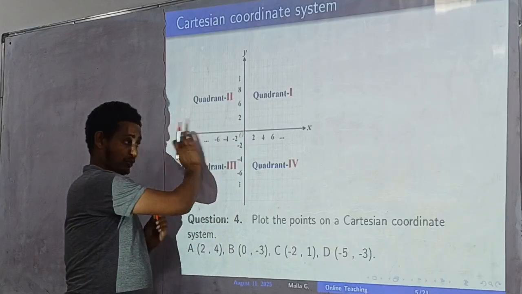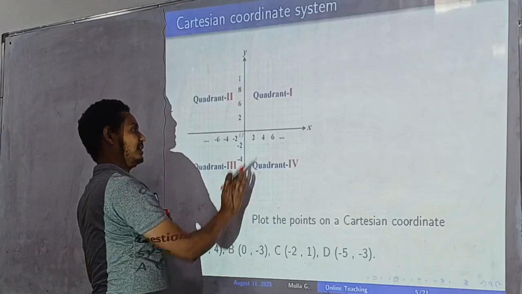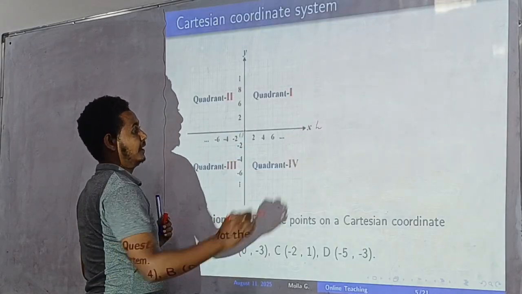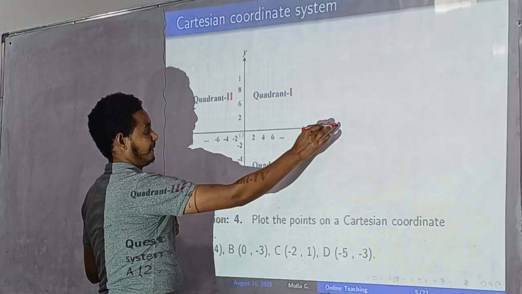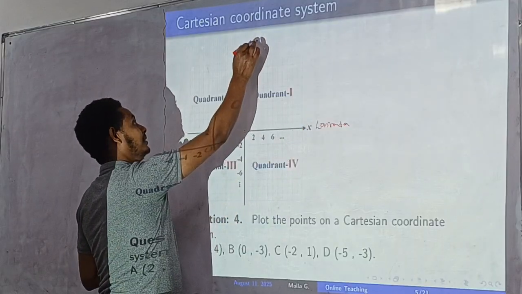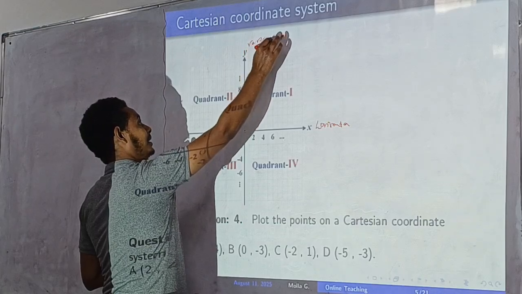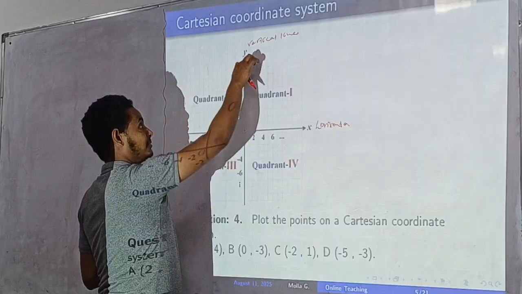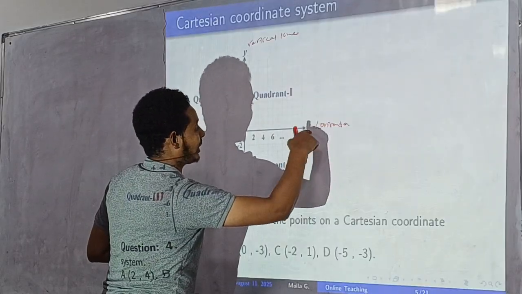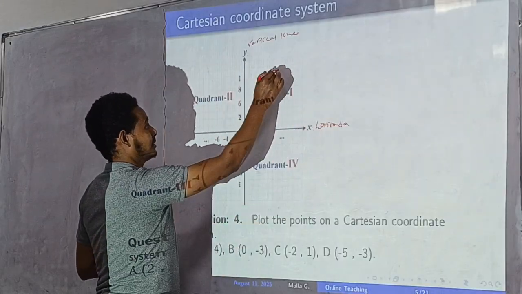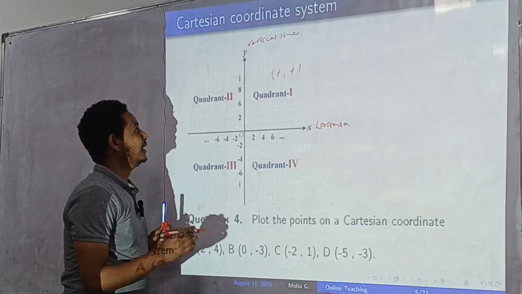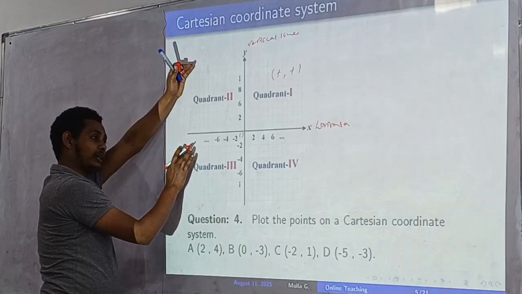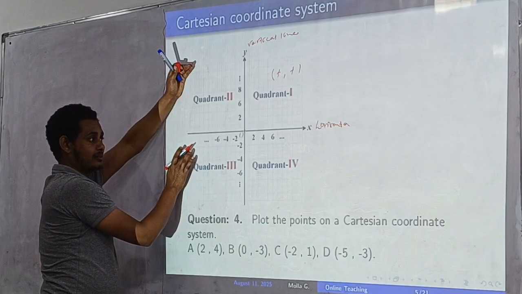To the right of the vertical line, values are positive. The horizontal line is the x-axis, and this is the vertical line, the y-axis. On this region, both x and y values are positive. Here, positive, positive. To the left of the vertical line, the value of the x-axis is negative.